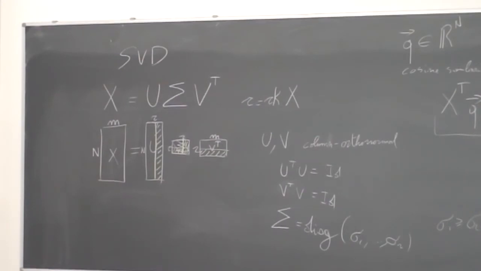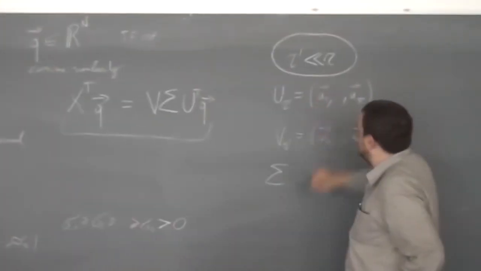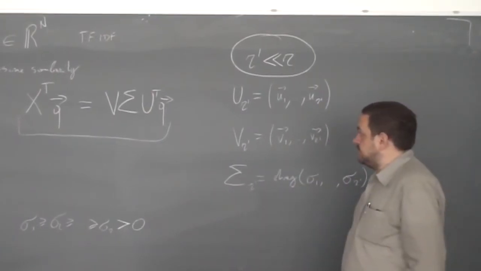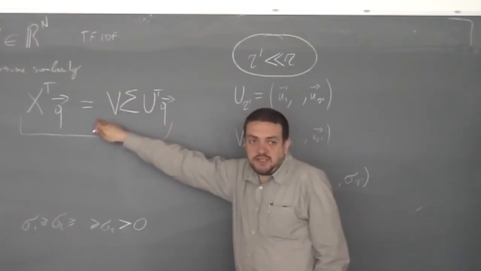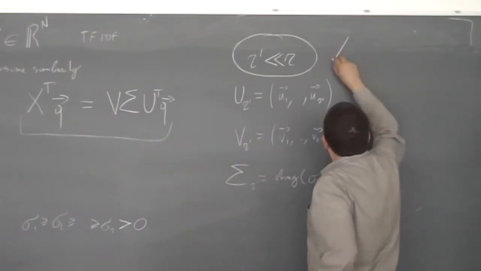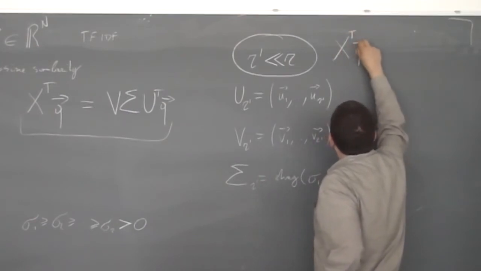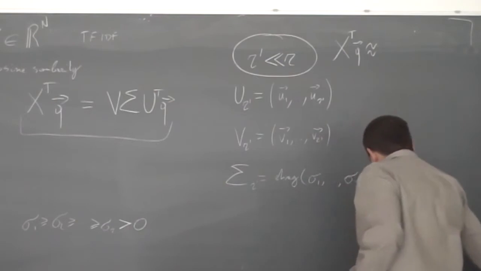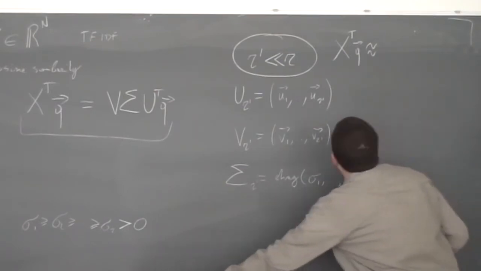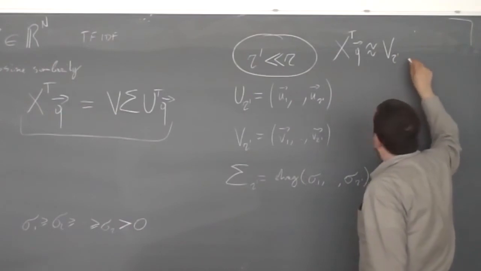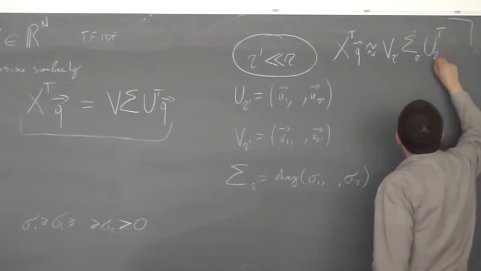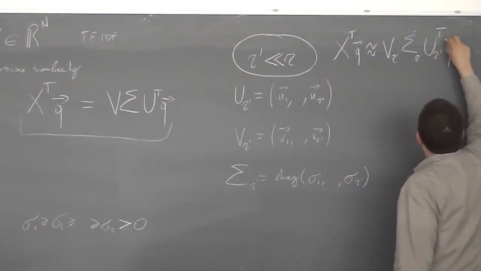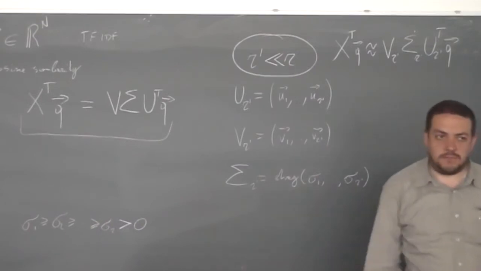So the idea is that if we took this smaller R prime, possibly much smaller, we will be able to compute an approximation to these similarities, so an approximation to X transpose Q, using these truncated matrices.